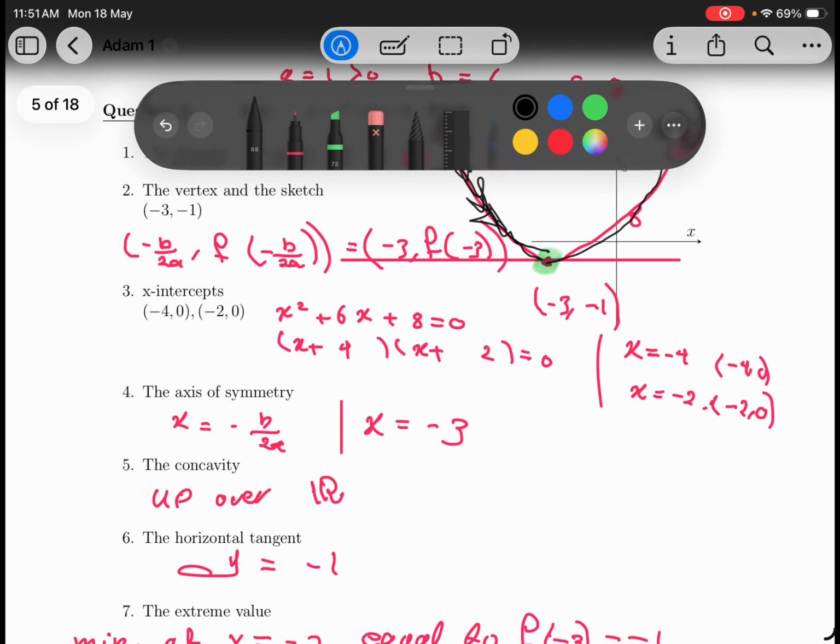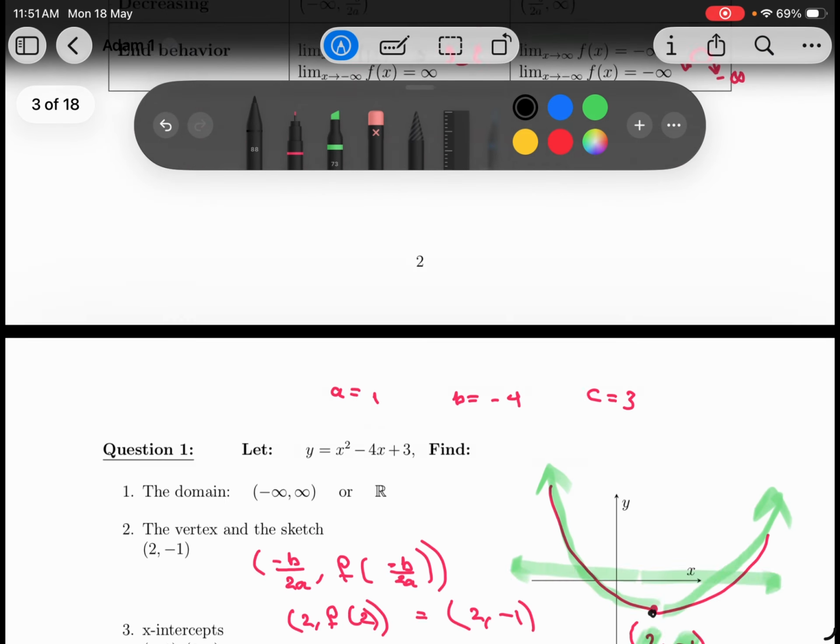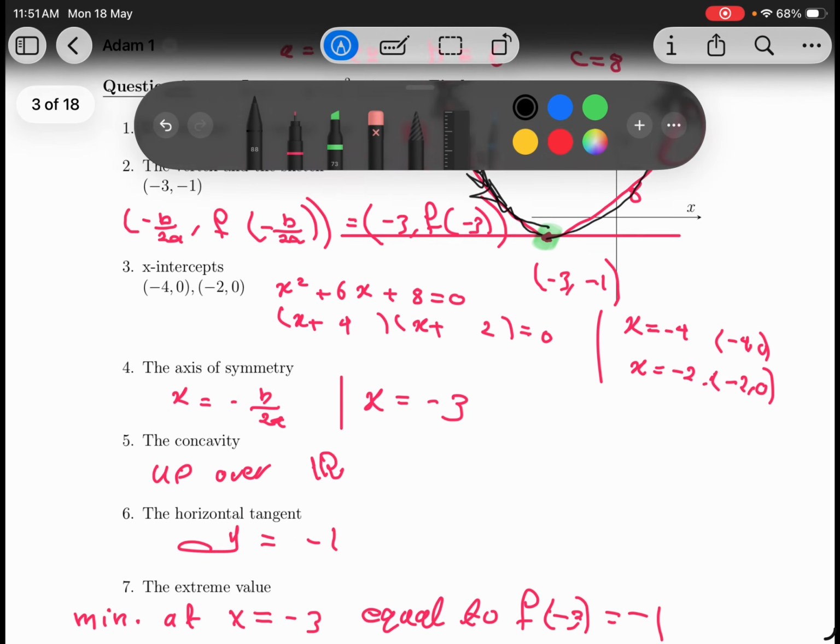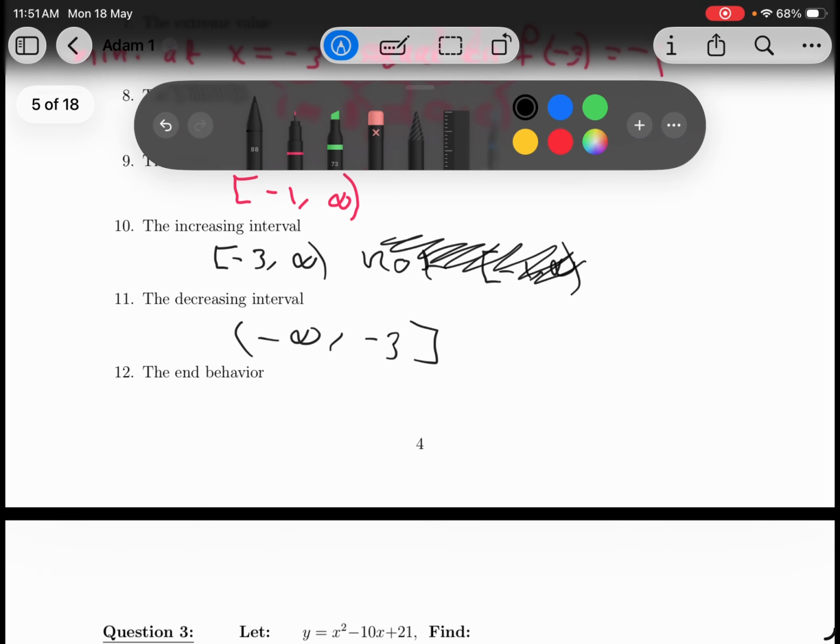So already this is mentioned here on the list because the leading coefficient is positive. So we write it like that: limit of f of x when x goes to infinity equals infinity, and same here, limit of f of x when x goes to minus infinity equals infinity.